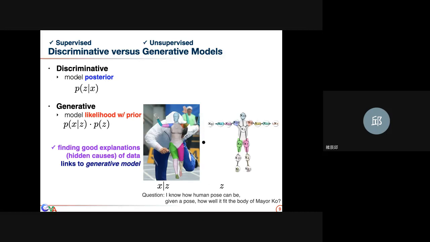So here, the discriminative model is trying to take care of the posterior, P of Z given X. And in the generative model, we are trying to take care of the product between the likelihood and the prior, okay?